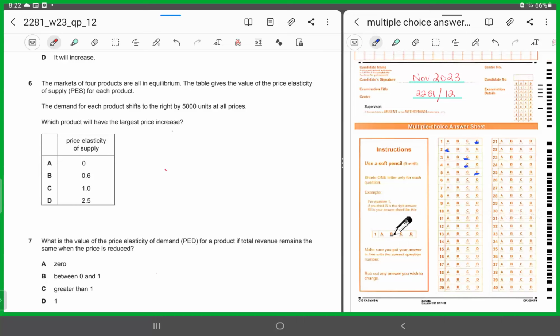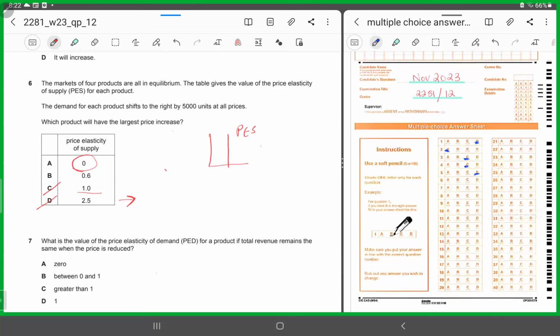And which situation of the price elasticity of supply depicts such a scenario in which the supply cannot be increased quickly? 2.5 is a situation when the price elasticity of supply is extremely elastic. This cannot be the situation. 1.0, again elastic? No, it has to be 0. Why? Because over here, the supply is perfectly inelastic.